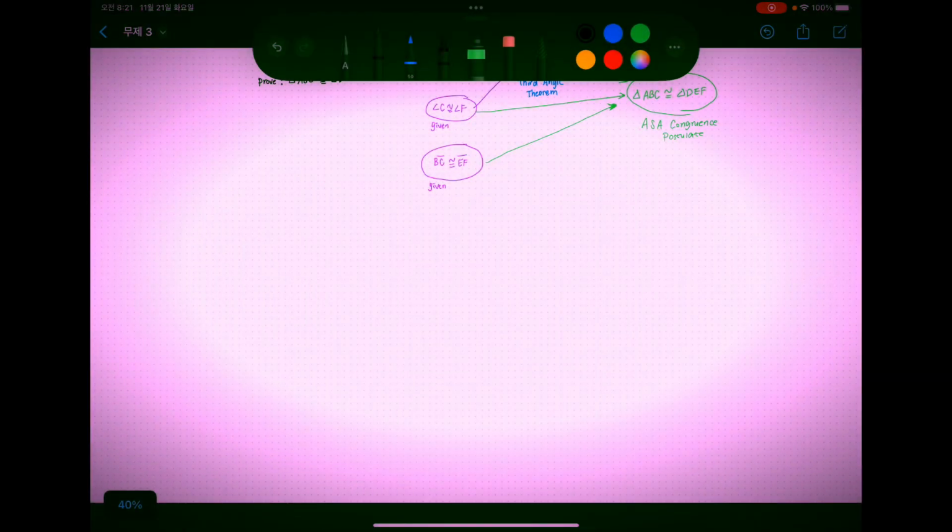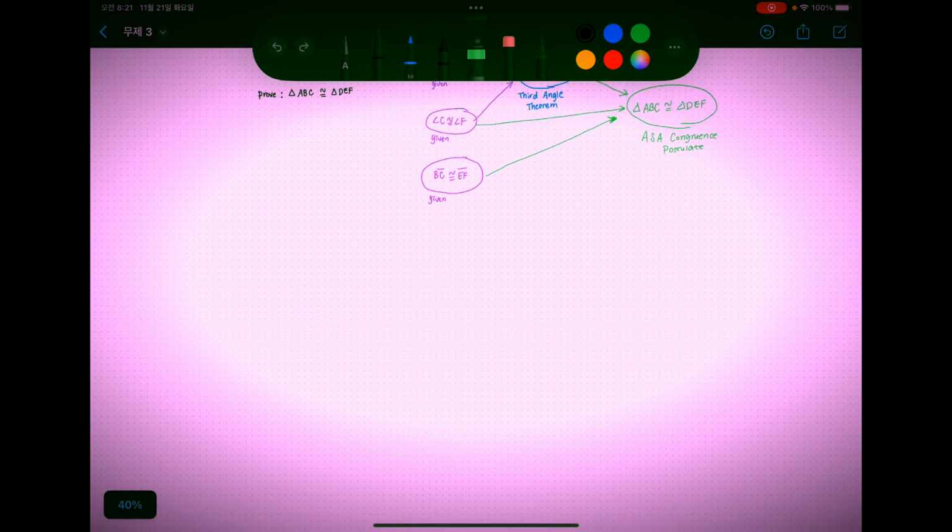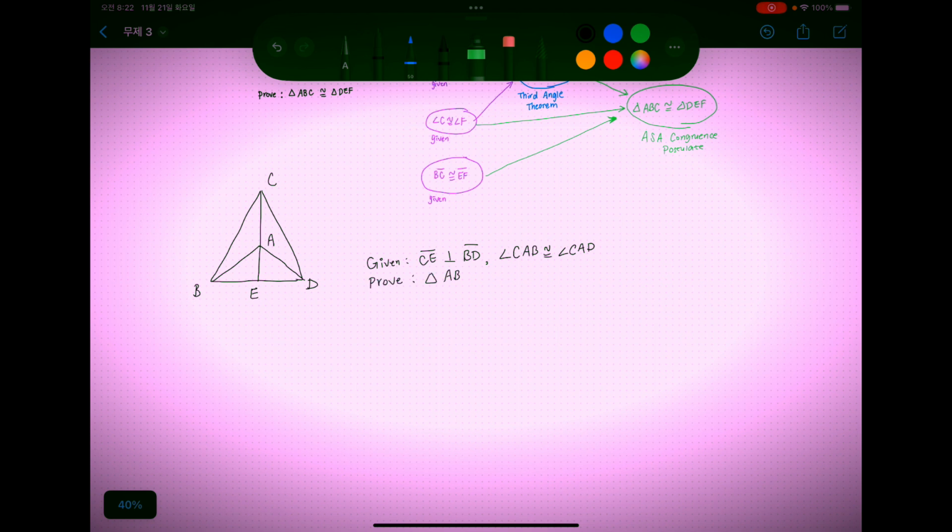All right, so let's write another flow proof. So this time we're going to be looking at a triangle like this, and CE is perpendicular to DE. Angle CAB is congruent to angle CAD, and prove triangle ABE is congruent to triangle ADE.